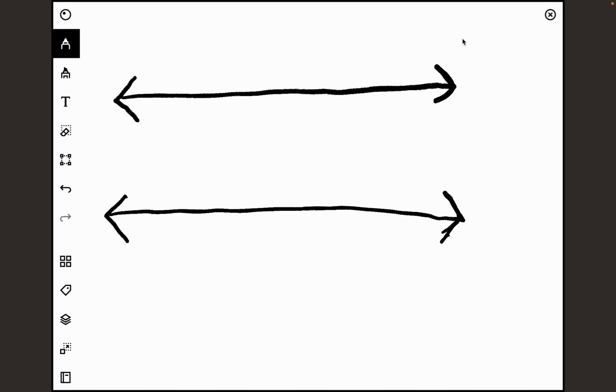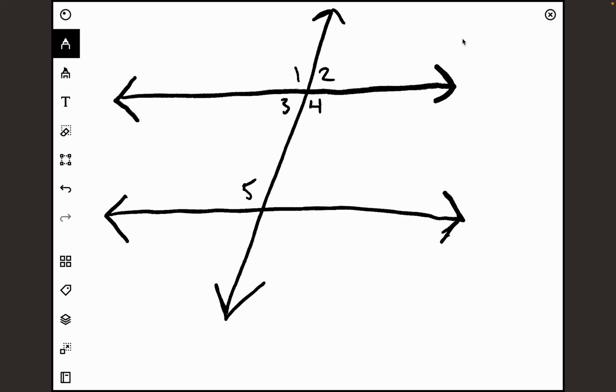So when we talk about angle transversals, it's always going to have at least one set of parallel lines. So I have that right here. The angle transversal is a line that crosses through those two parallel lines. So it's going to be something that looks just like this. And then if we notice, it's going to create 8 angles.